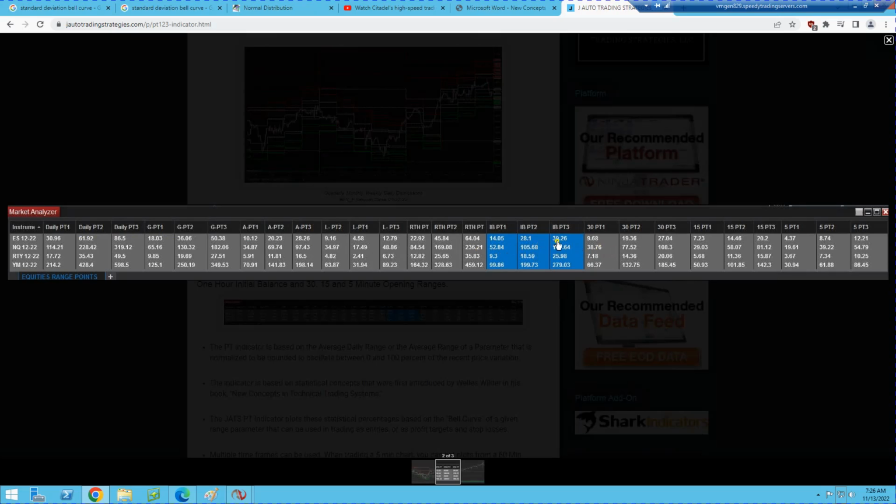RTH session, 1 hour IB, 30-minute opening range, the first 30 minutes traded, or 15 minutes or 5 minutes. How many points to expect the market to trade to in these volatility thresholds. So if you have low vol, medium vol, high vol, you can get an idea of a target that is obtainable. I don't trade the threes all the time, that would be sort of silly.